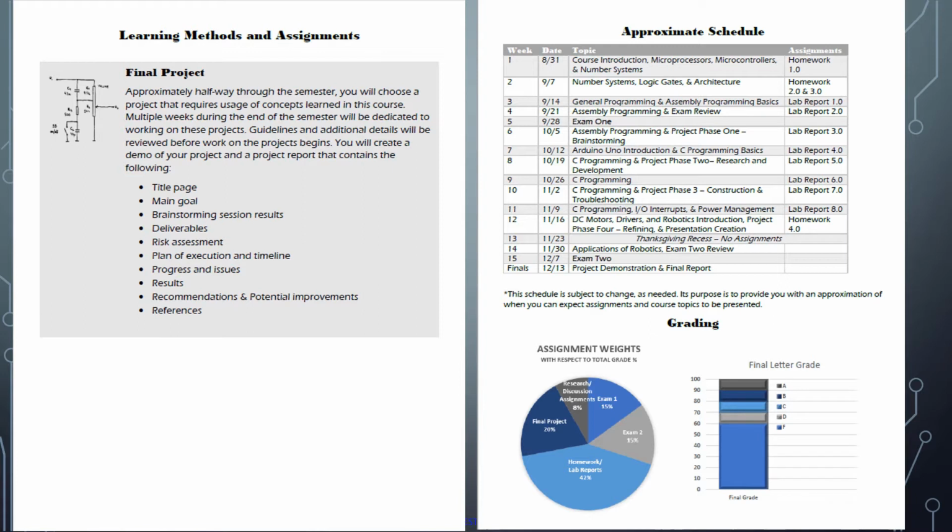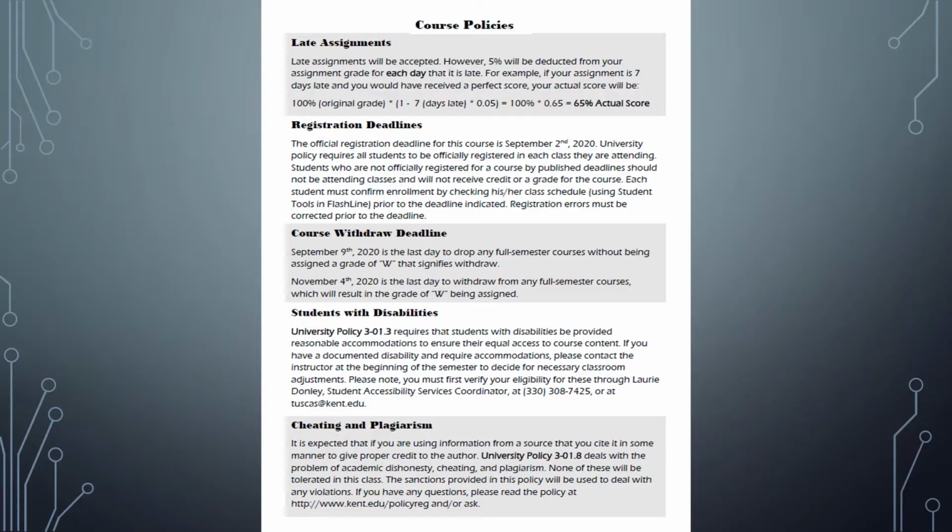So whether you have an 81 or an 89 in the course, you're going to get a B. And same thing for all of the other letter grades. So this is the scale, and just keep that in mind as we go through the course and you're looking at your assignment grades. Here's the final page of your syllabus outlining my course policies and university policies.